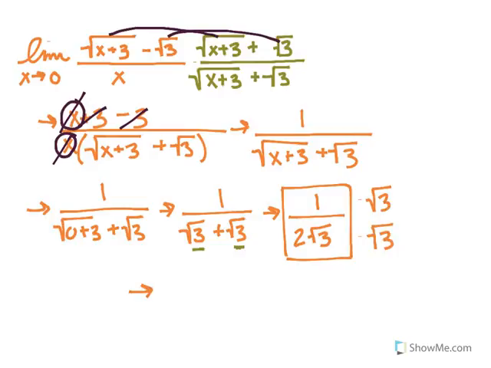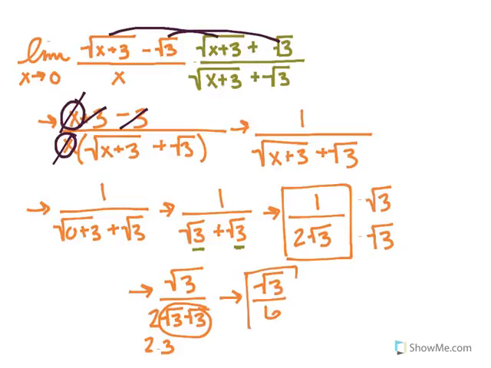And that would leave us with root 3 over 2 root 3 times root 3. And of course, these two combined is just going to give me a 3. So this all together is 2 times 3, which is 6. So altogether, root 3 over 6. Either way is okay, but this is way more formal.